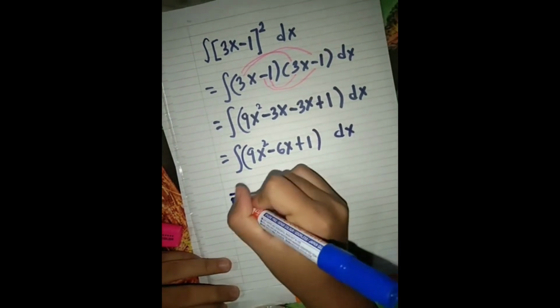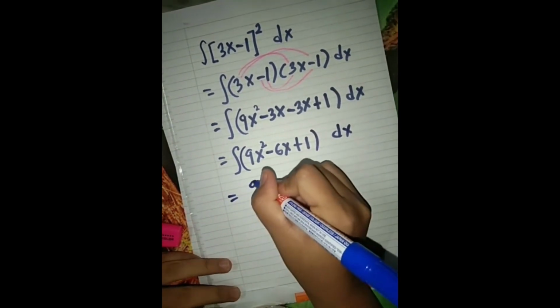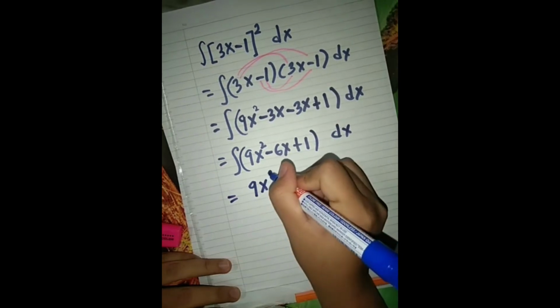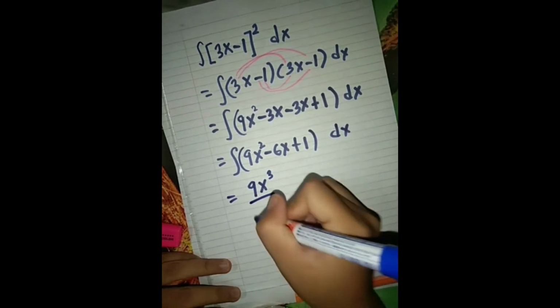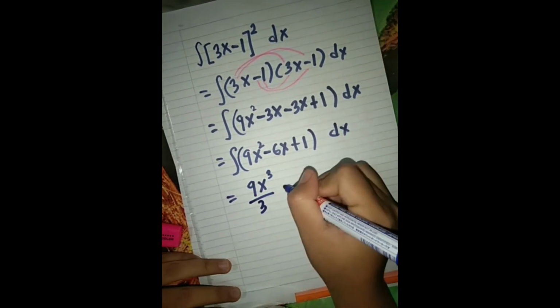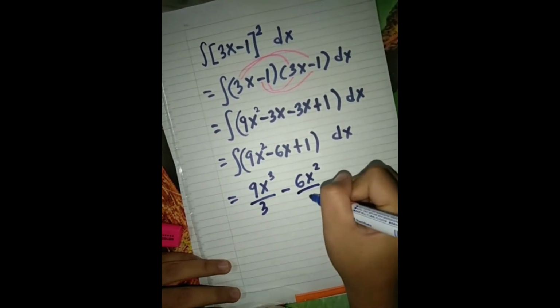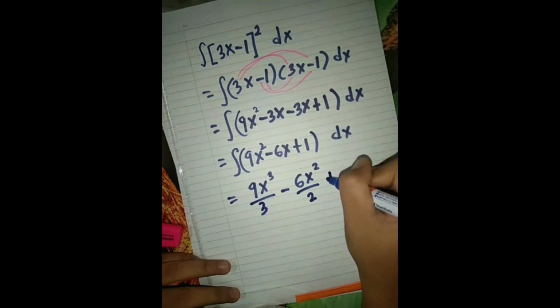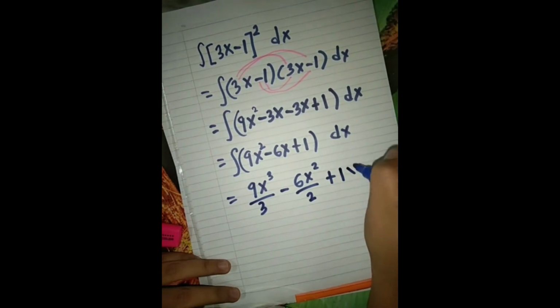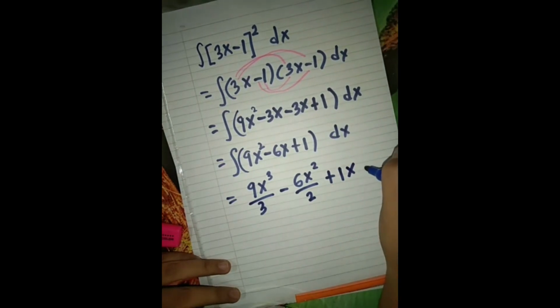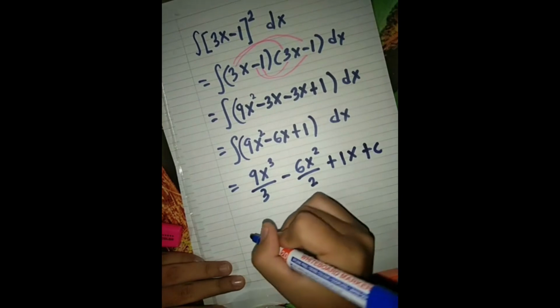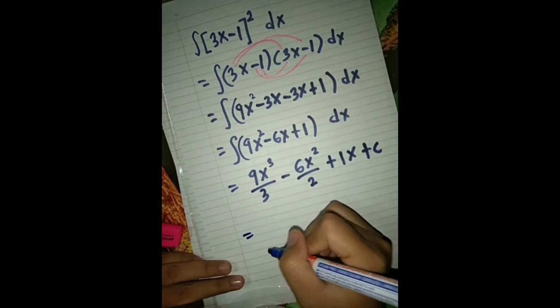Then we integrate it. 9x to the power of 3 over 3 minus 6x to the power of 2 over 2 plus 1x, and we add a constant, then we simplify it.